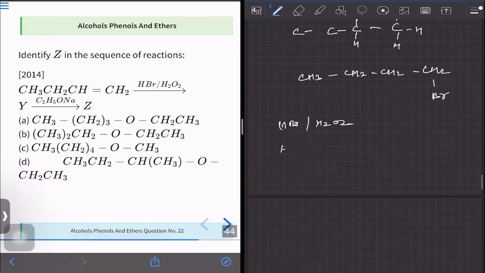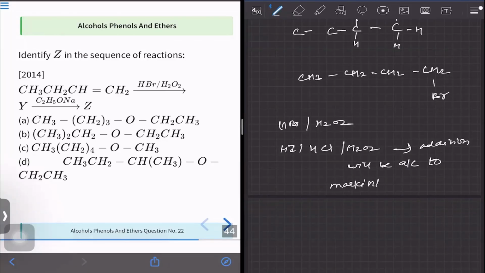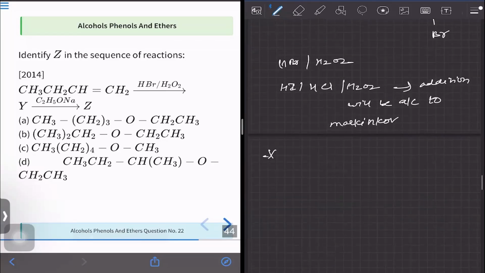HI or HCl in the presence of H2O2, this addition will be according to Markovnikov rule, because it does not produce free radicals.